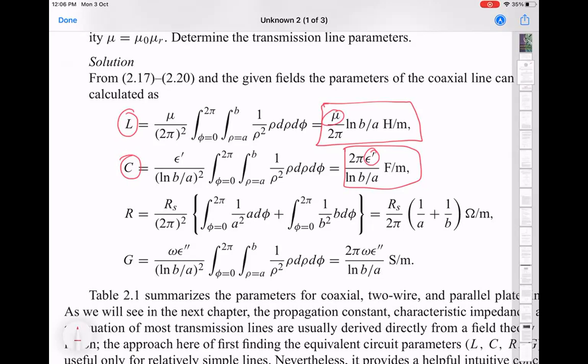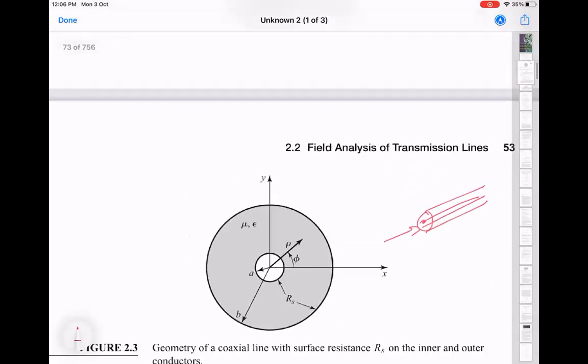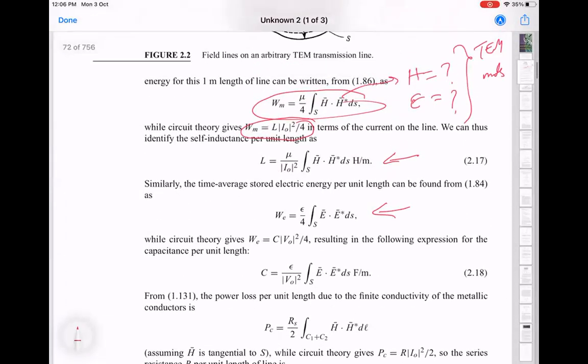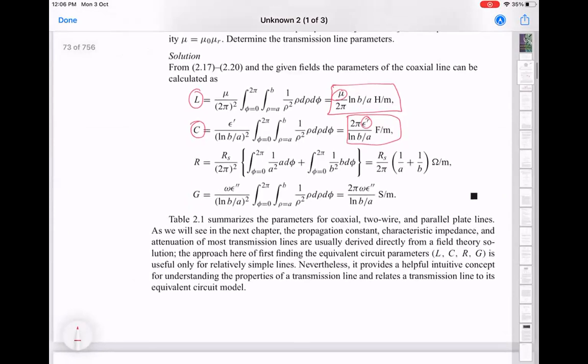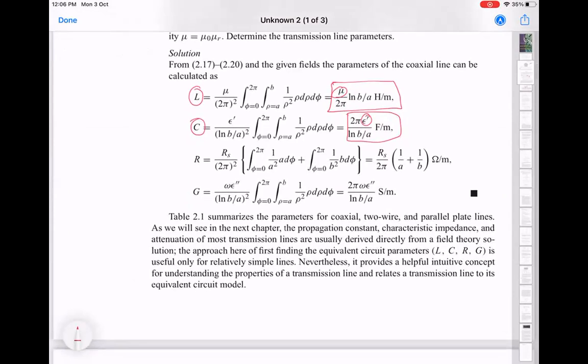So already in these definitions, you have mu and epsilon showing up because the energy density is going to have factors which are related to that. But these are inductance and capacitance per unit length. And if you look at it, this mu is just some prefactor which is dimensionless. Because remember, we discussed that mu has the same units as inductance per unit length, and epsilon has the units of capacitance per unit length.